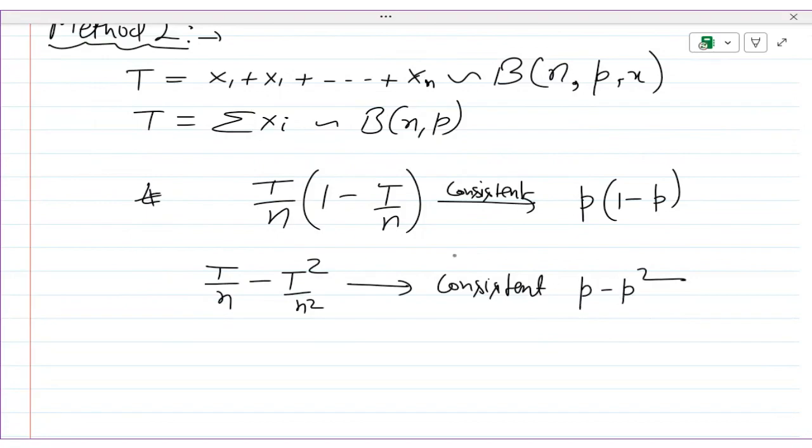So how can we do it? We can try it like we will show that the expected value is equal to p minus p square.